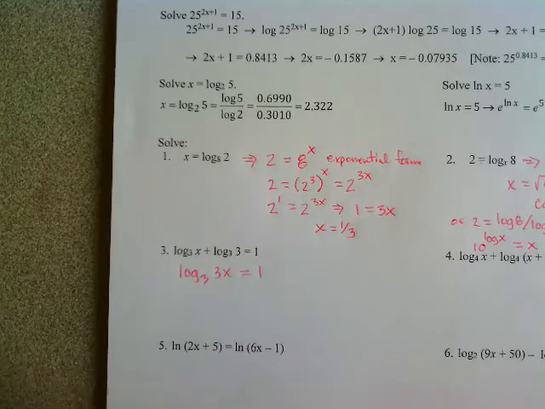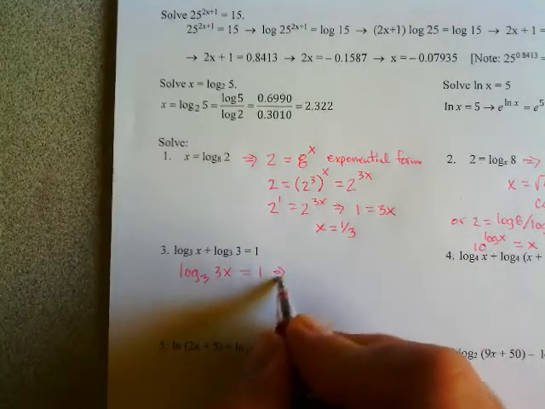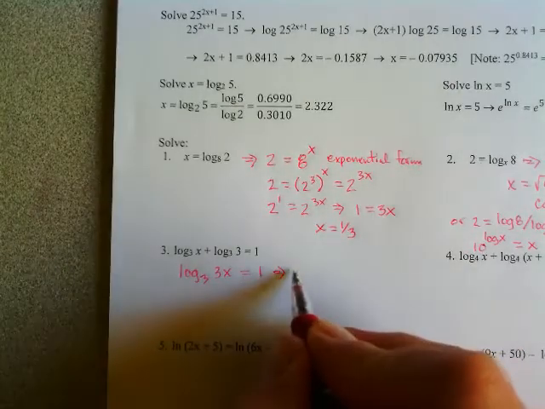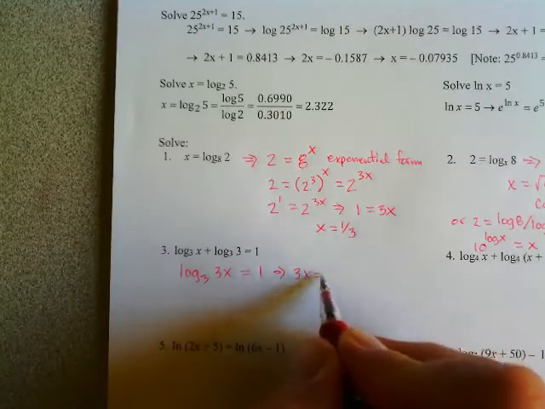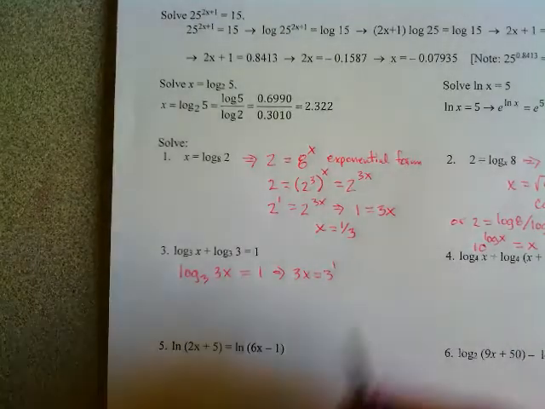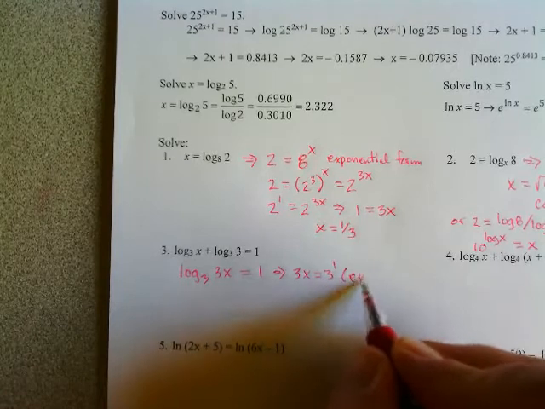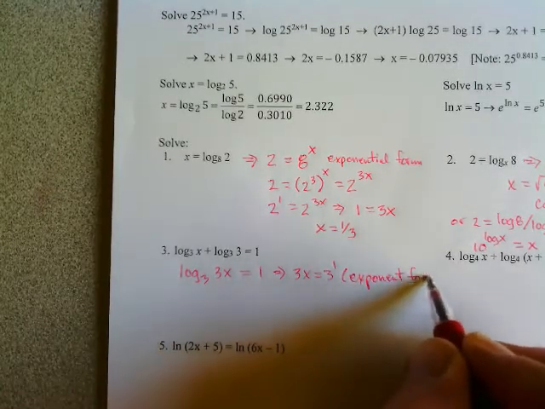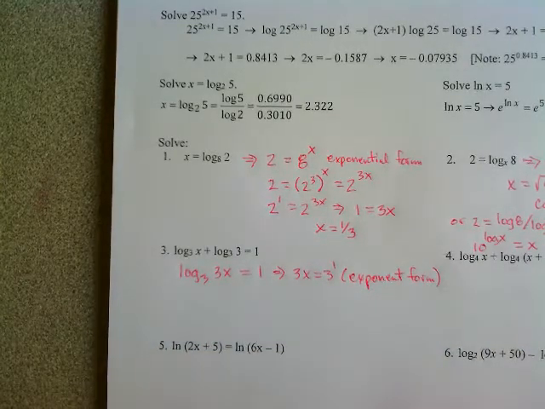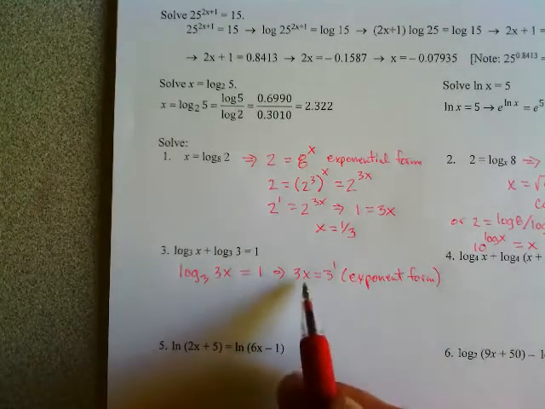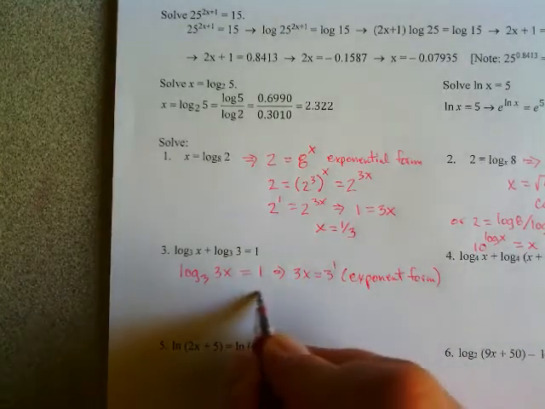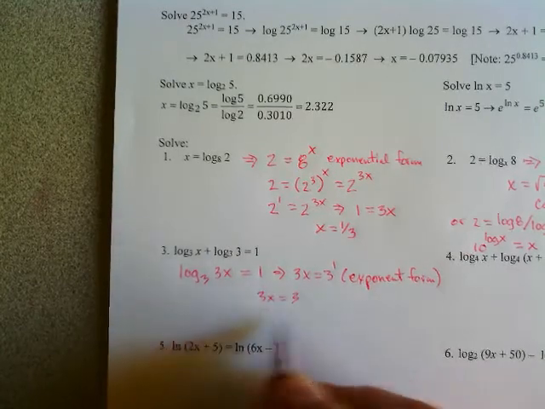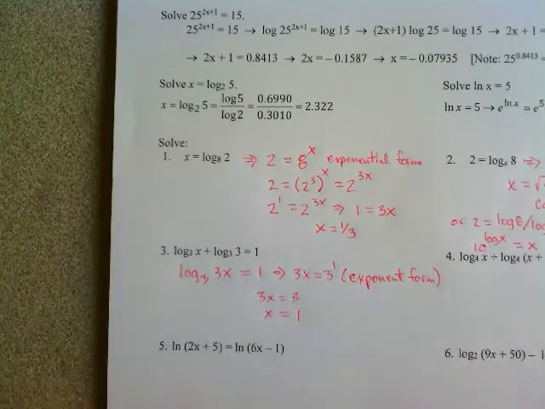So now that's my log form, and I can turn that into exponent form. 3x equals 3 to the 1. And again, that's my exponent form. And of course 3x equals 3, so x is 1.